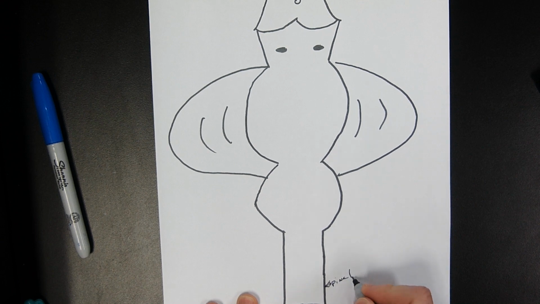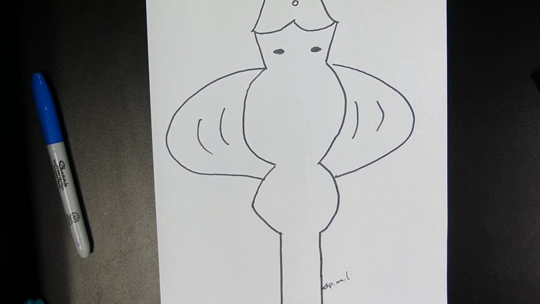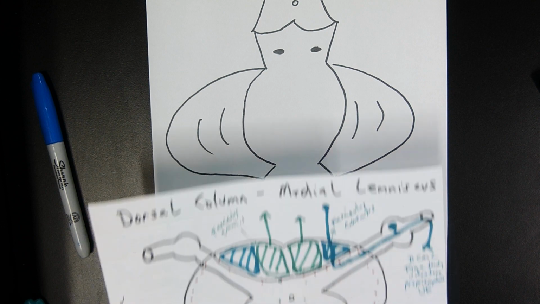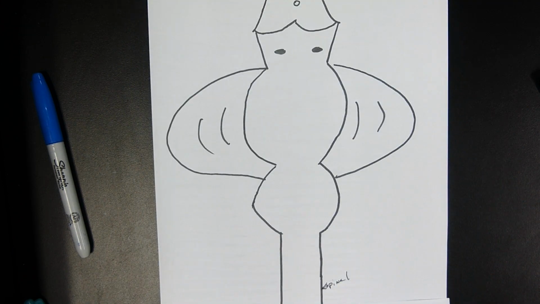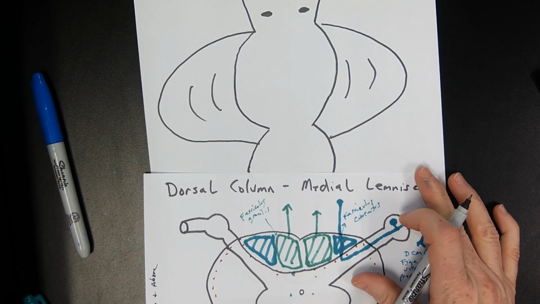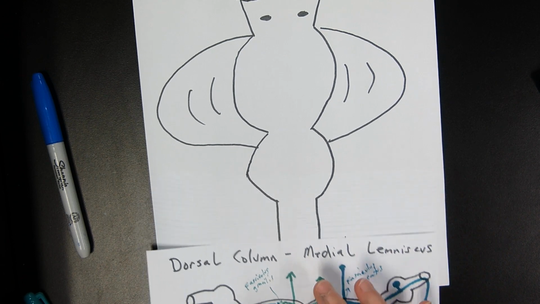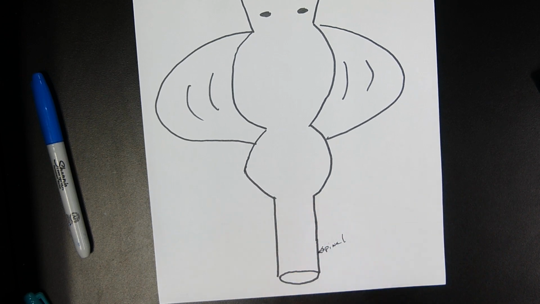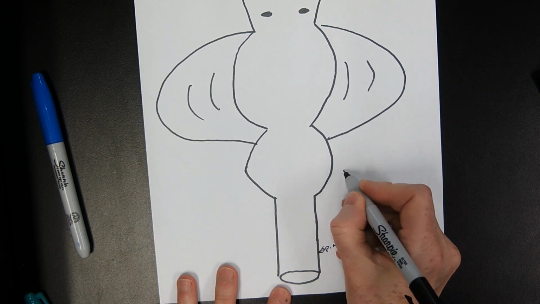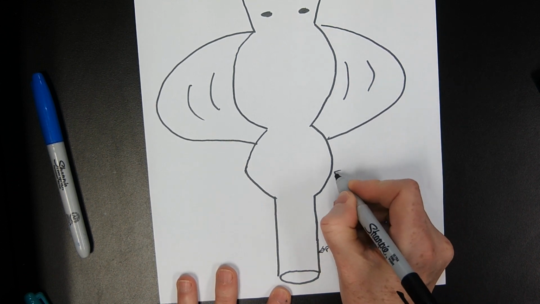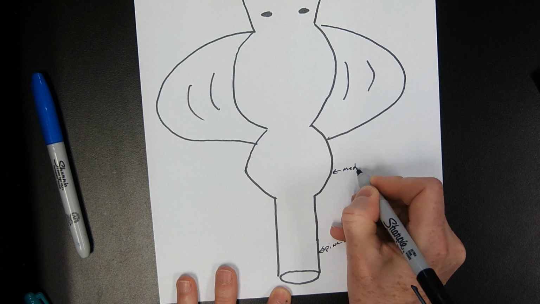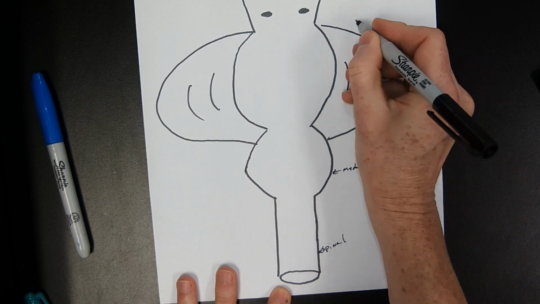What I've tried to do is just make this a continuation of this. As we're traveling up, this piece here is traveling up, and this information is going to just travel up through the spinal cord. That's what that is. Okay, and then here we have the lowest level, which is going to be your medulla, and then your pons.